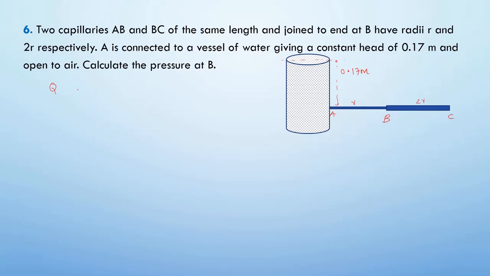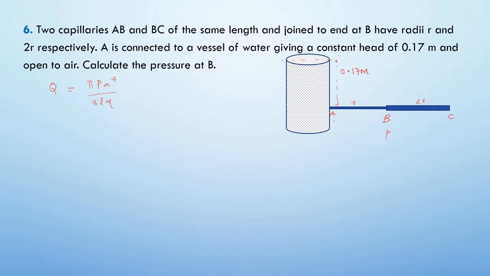So we have an equation, Q is equal to πPr⁴ divided by 8Lη. Let's assume that the pressure at B is a small p.